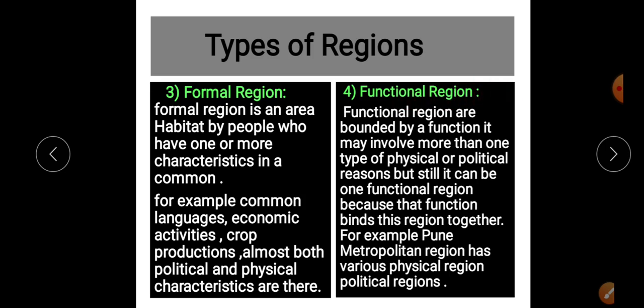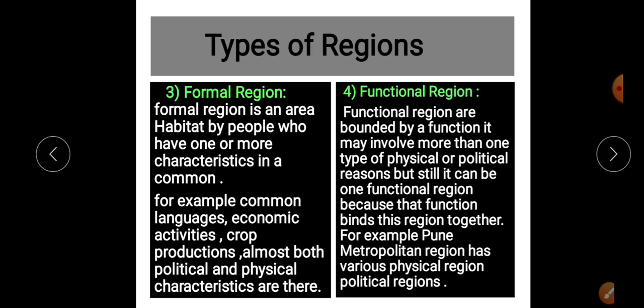Now functional region. Functional regions are bounded by a function. It may involve more than one type of physical or political regions. Within one functional region, more than one or two formal regions are also observed.